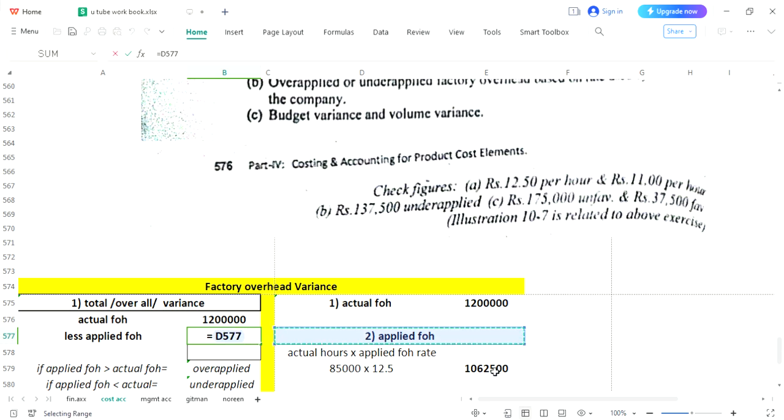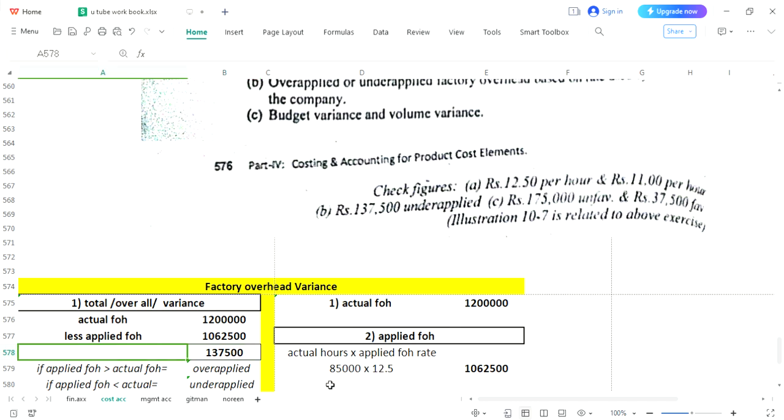We have highlighted, and amount was 10 lakh 62,500, put over here. So both inputs have been given, and we are actually calculating over or under applied FH. And this would be calculated by taking difference between actual and applied FH. Actual FH was 12 lakh, and you will subtract applied FH, which is 10 lakh 62,500. So we have got our variance, which is total variance.